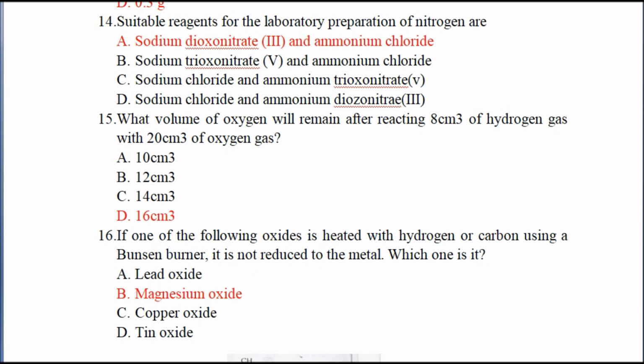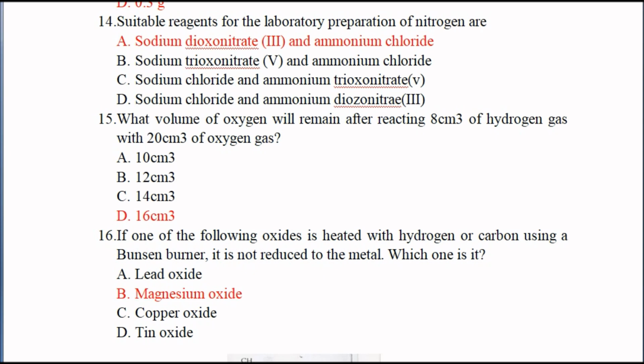Suitable reagents for the laboratory preparation of nitrogen are A, sodium dioxonitrate 3 and ammonium chloride, B, sodium trioxonitrate 5 and ammonium chloride, C, sodium chloride and ammonium trioxonitrate 5, D, sodium chloride and ammonium dioxonitrate 3.